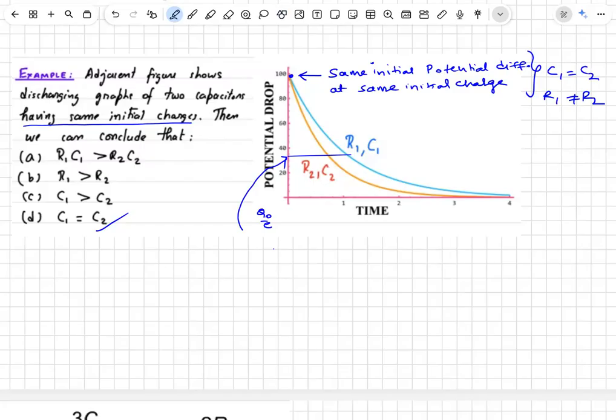Exactly after one time constant. So from the graph, you can see that this is the time constant for C1 and this is the time constant for C2. Very clearly, tau 2 is less than tau 1. What is tau? RC. R2 C2 is less than R1 C1. You said C1 is equal to C2. So therefore, R2 is less than R1.